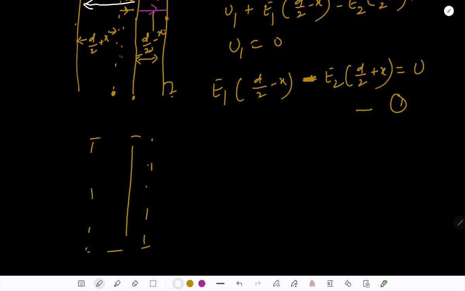and I would like to write an equation that this electric field is E1 and this electric field is E2.